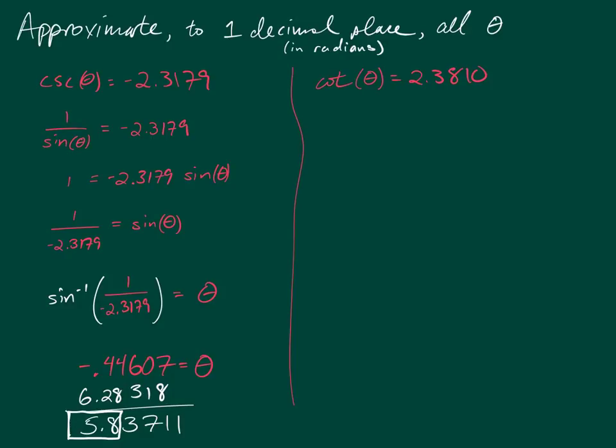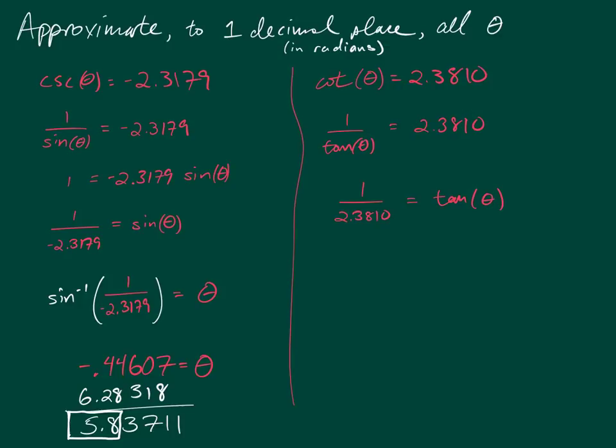And finally, with this last one, you can do it somewhat similarly, except cotangent becomes 1 over tangent theta equals 2.3810. And then when you solve for tangent of theta, you get 1 over 2.3810 equals tangent of theta.